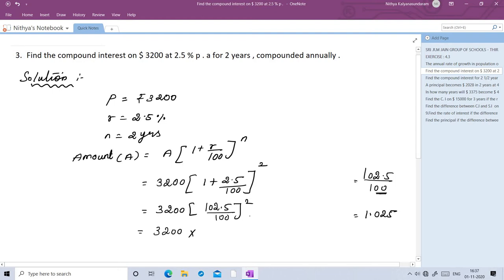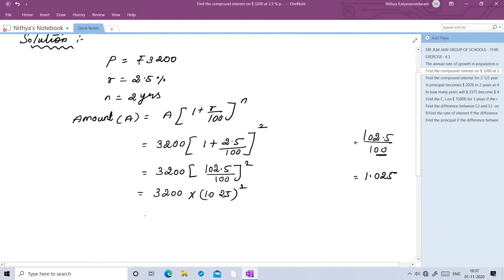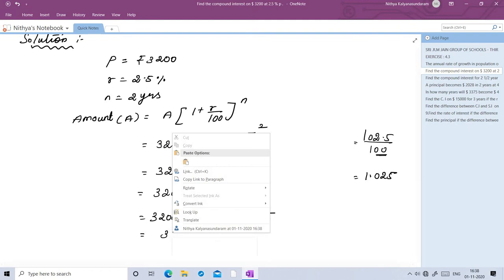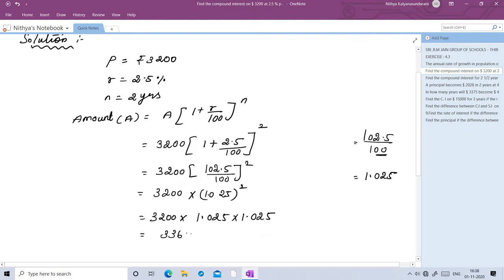That means we want to write it 2 times. 3,200 into 1.025 into 1.025. So multiply, you will get 3,362.